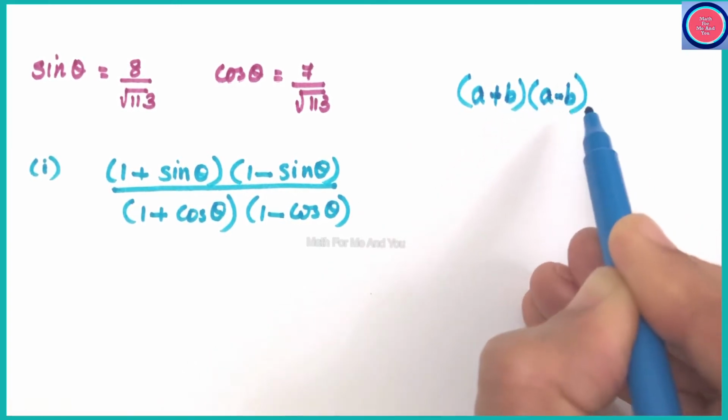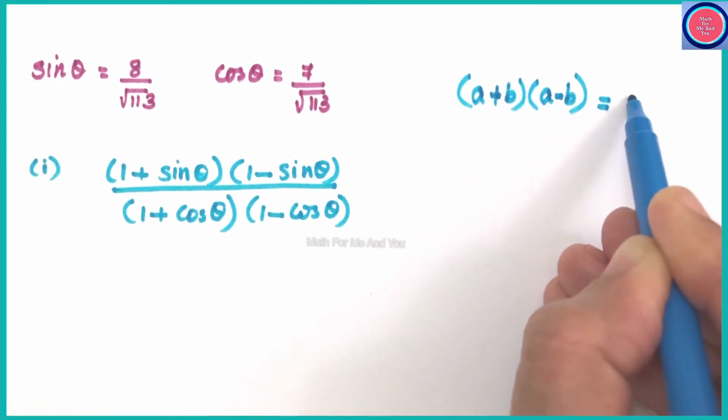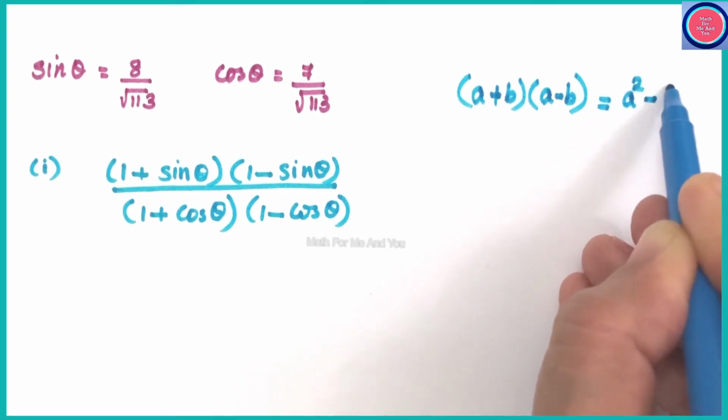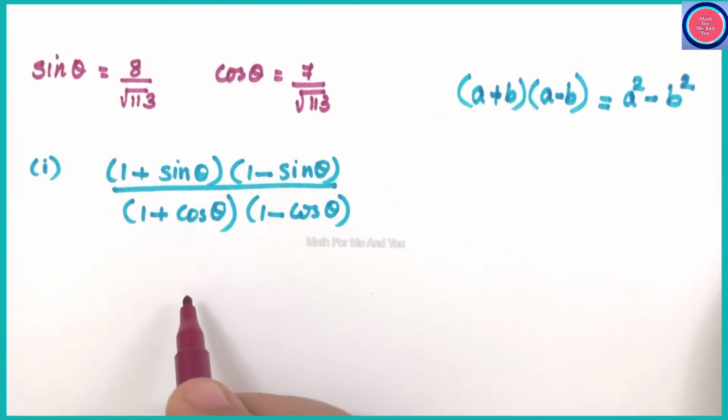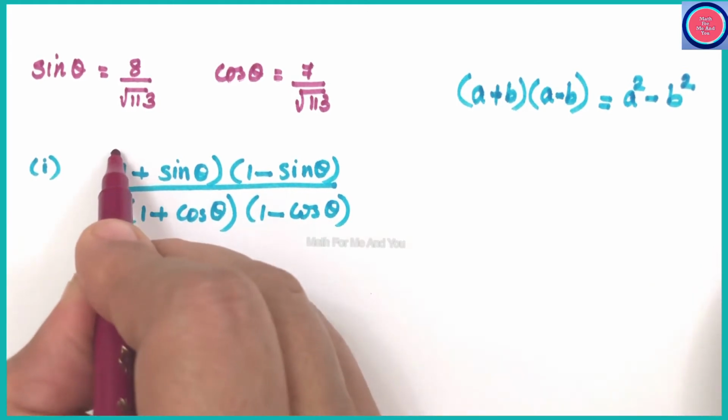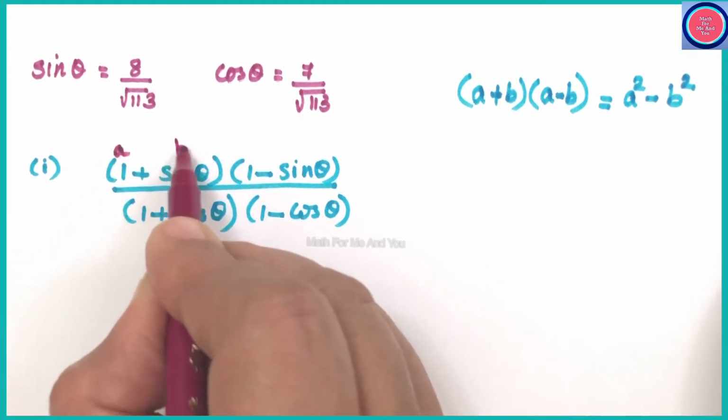What is the answer? The answer is a square minus b square. Now the numerator we can consider as, in place of a it is 1 and in place of b sin theta. So this is of the form (a plus b)(a minus b). And then we can use this identity and write down the answer.